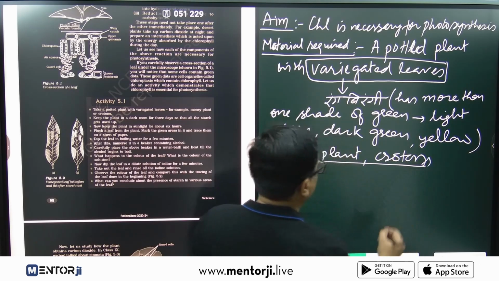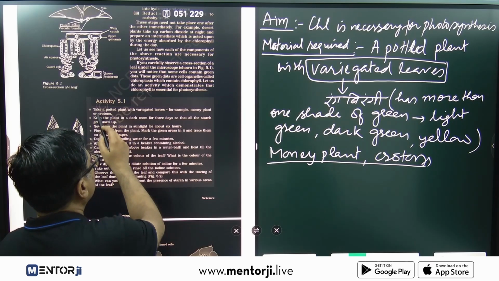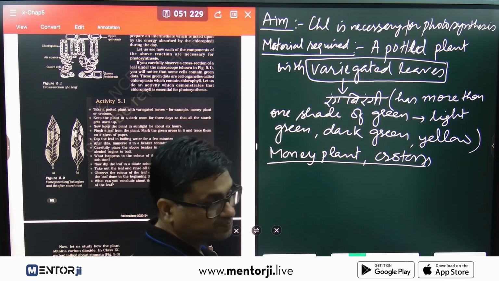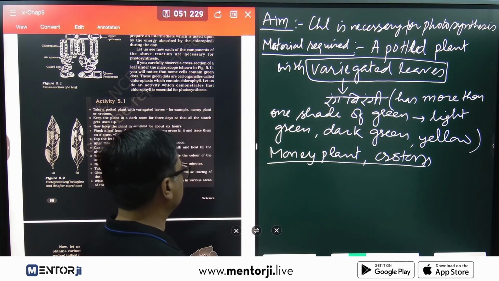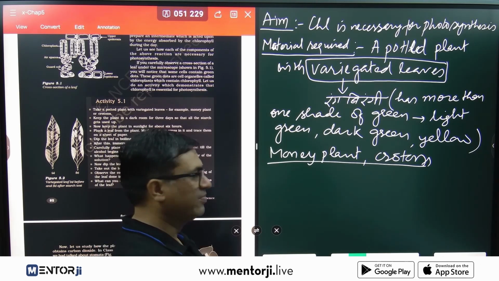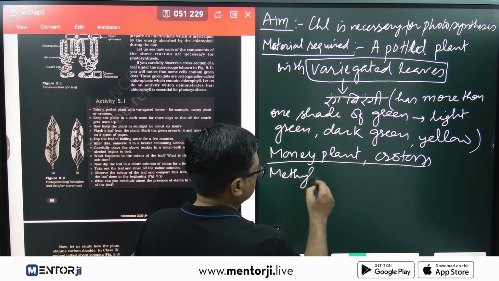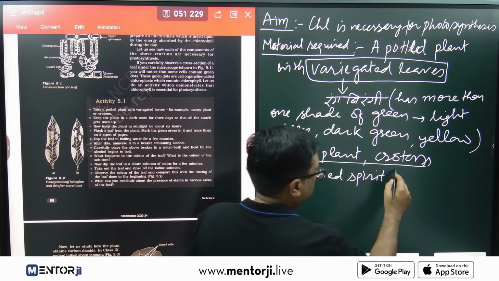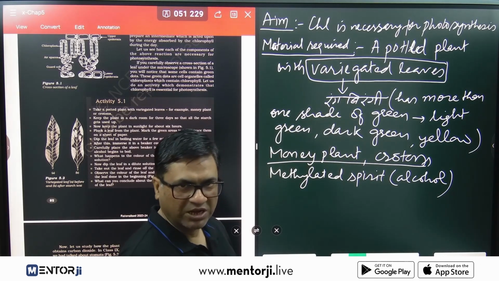These are the two plants given in this activity, the croton and the money plant. Next, after taking this plant, what else do we have to take? We have to take methylated spirit, that is also a form of alcohol.